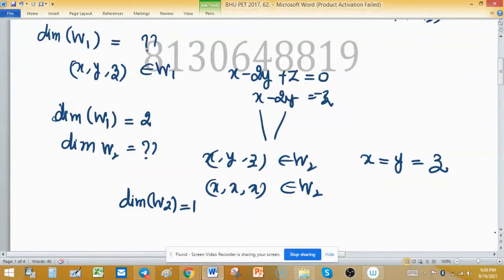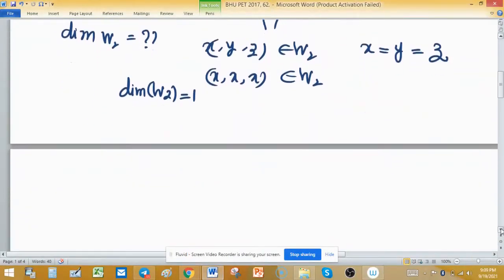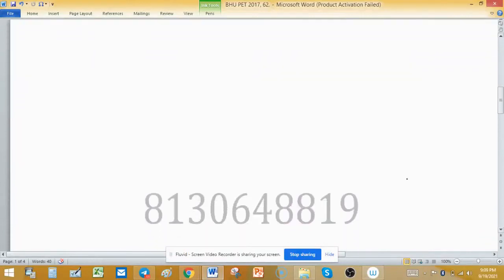Now we have to find the dimension of the intersection. For this, let (x, y, z) belong to the intersection of W1 and W2.